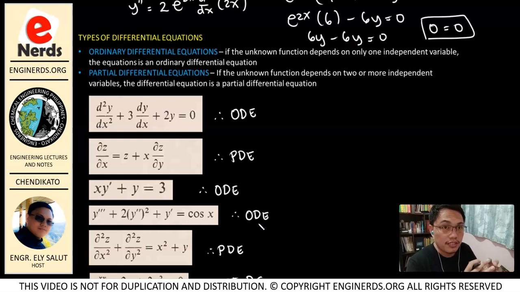So in our succeeding videos, we will solve problems. Before that, we first need to know the order and degree of differential equations. We need to learn this first before we proceed to the solved problems.